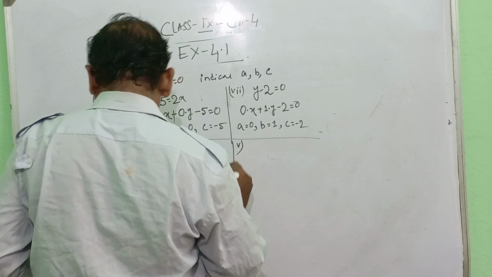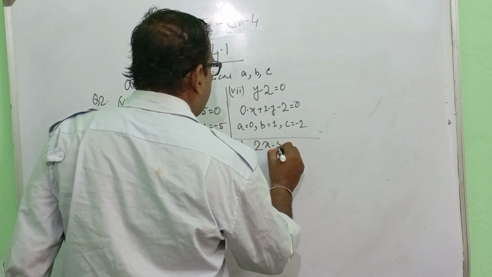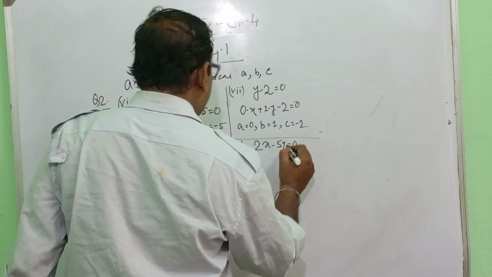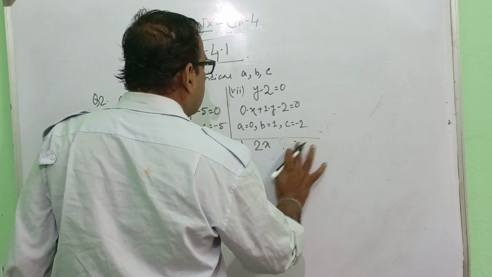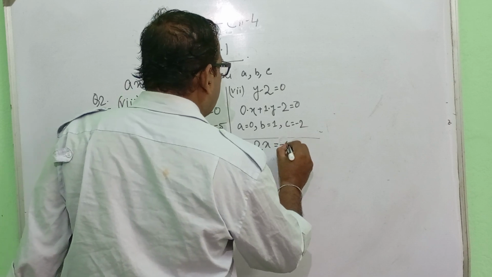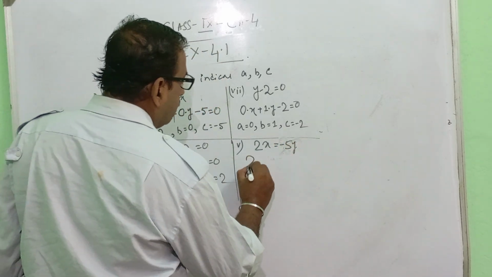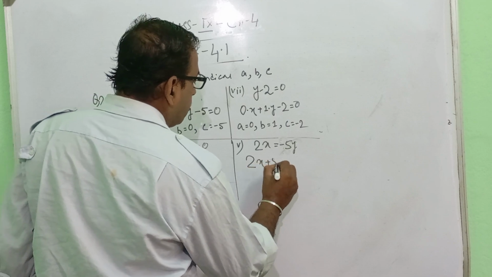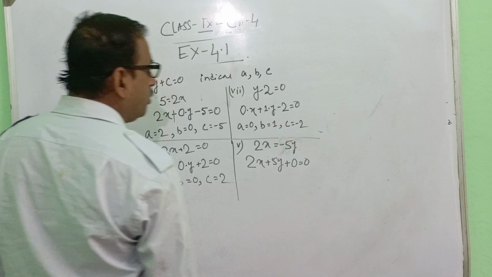Now 5. 2x minus 5y is equal to 0. Sorry, 2x is equal to minus 5y. So we can write that 2x plus 5y plus 0 is equal to 0.